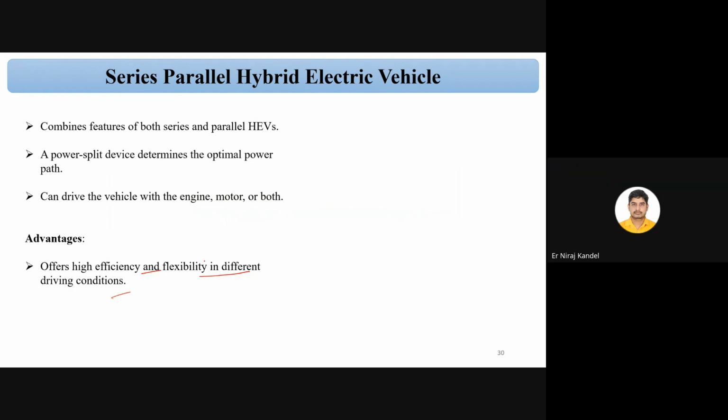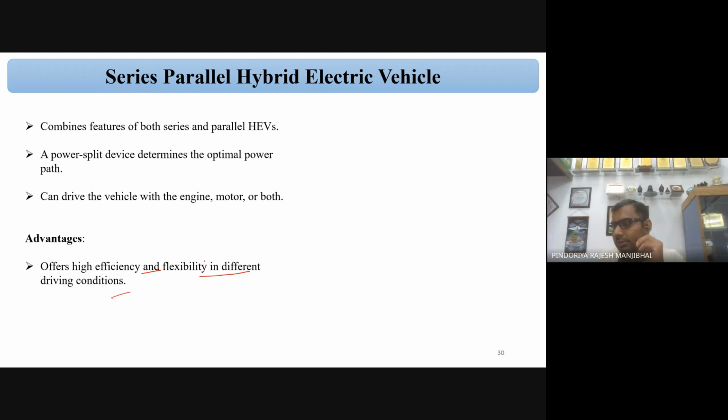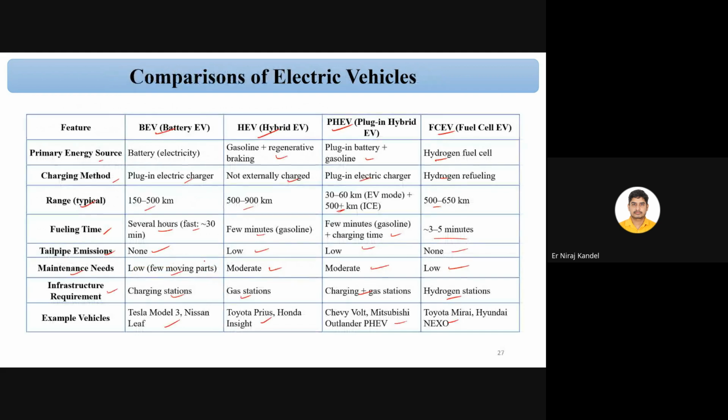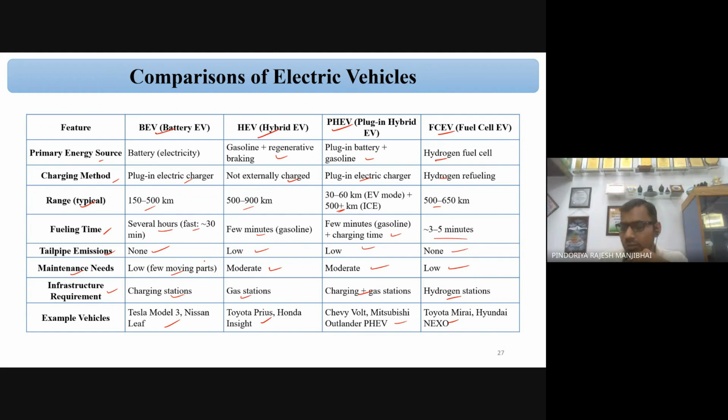In case of fuel cell, the tailpipe emission must be water. Yes. But in the table it is said none. I think hydrogen and oxygen combine to form water. So there is an emission, correct? Water is not an emission, correct?